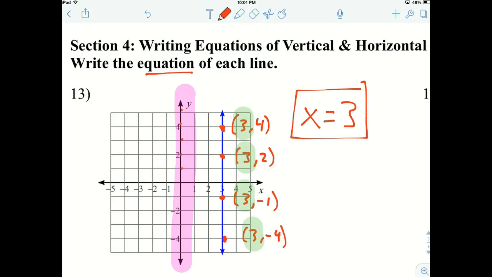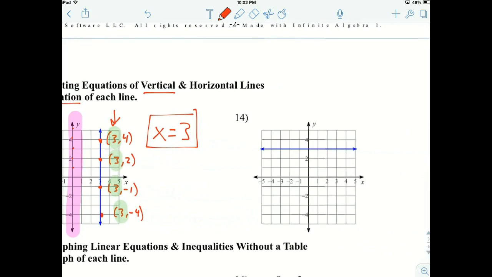If you were to write an equation for the y-axis itself, the thing that doesn't change about it is that its x value is always 0. So the y-axis is called that because it's all the different changing values of y, but we can't use that to define a line. We have to look at what doesn't change, and what doesn't change is the value of x when you're going straight up and down. That's why it's x equals some number, in this case 3, whenever we have a vertical line.